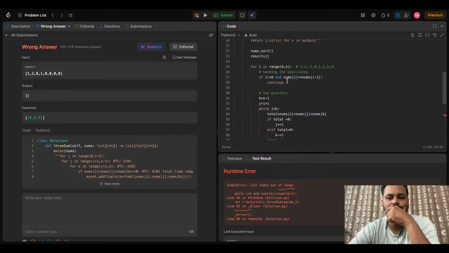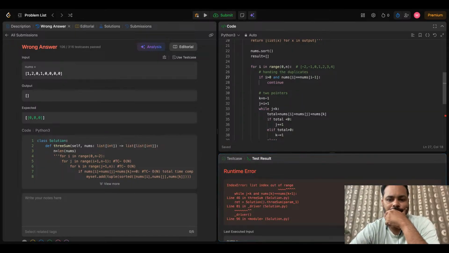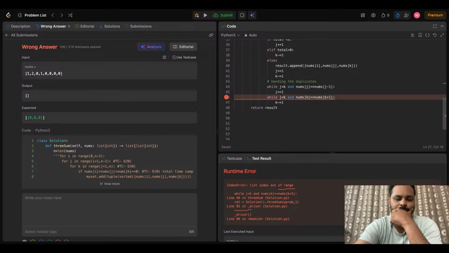Let's see my if greater than 0. Something is wrong, I don't know why.